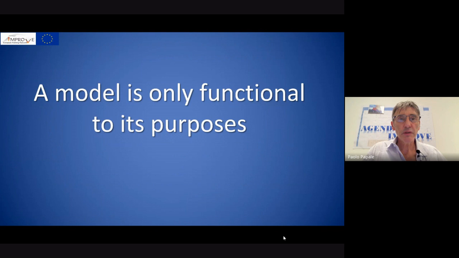What's the meaning of this? With respect to our specific problem, the meaning is that the functional form of the binary interaction parameters that we need to employ in our model of real multi-component water carbon dioxide saturation in silicate melts is only functional to the purpose of representing with a sufficient accuracy water carbon dioxide saturation in silicate melts.